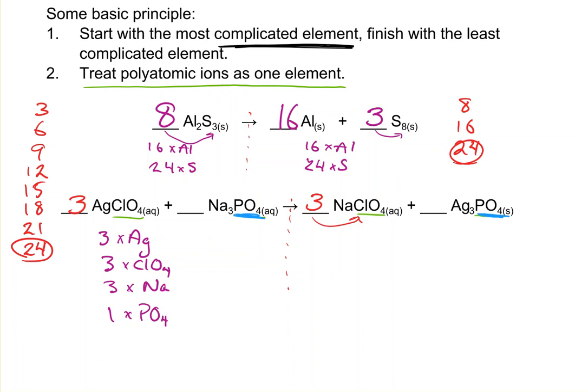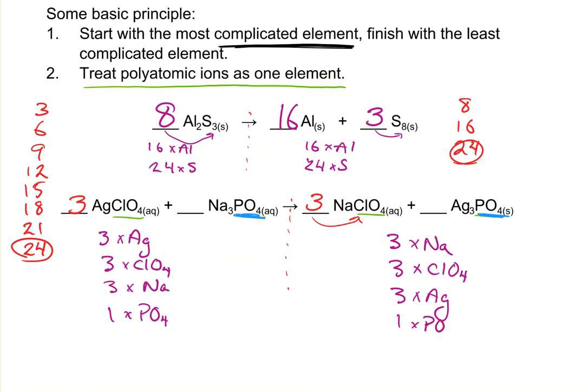Let's take a look at the other side. We've compared all the reactants now. Now we've got to look at the products. There's 3 times 1, so 3 sodiums. That's good. 3 ClO4s, so there's 3 perchlorates. There's 3 silvers. And there's 1 phosphate.